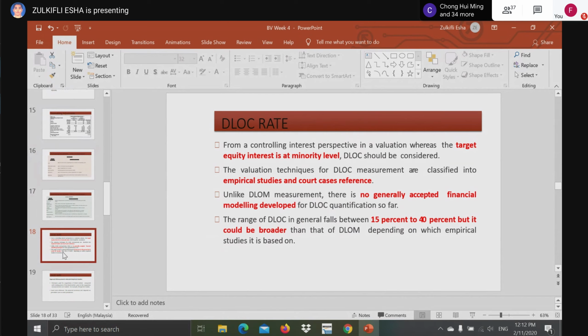So let's move to the DLOC, discount for lack of control. How do we determine the rate for discount for lack of control?